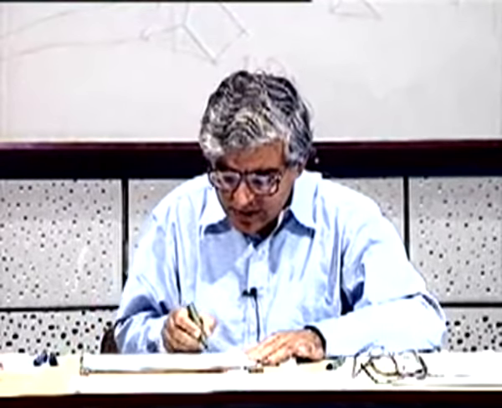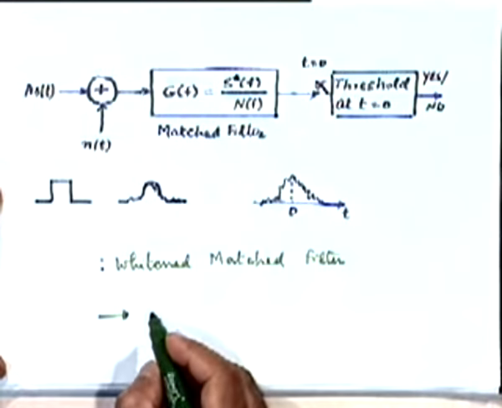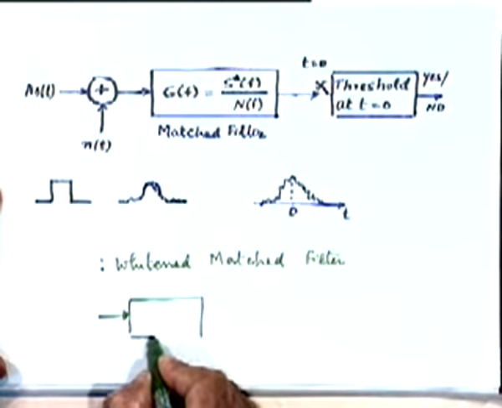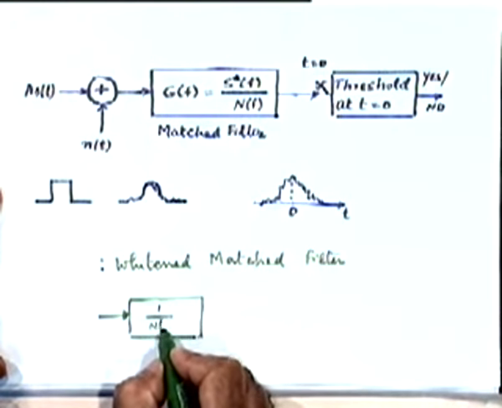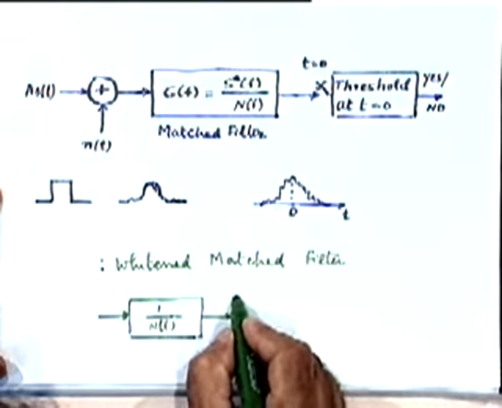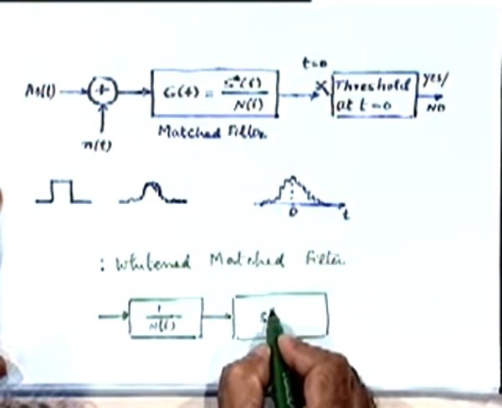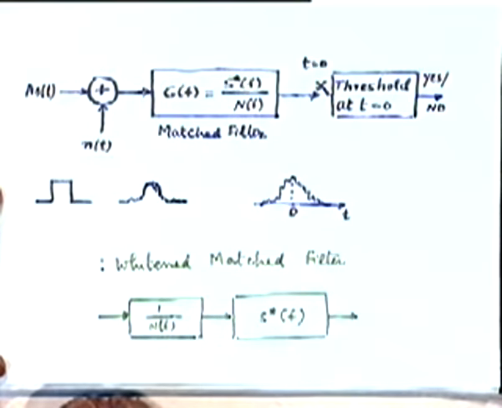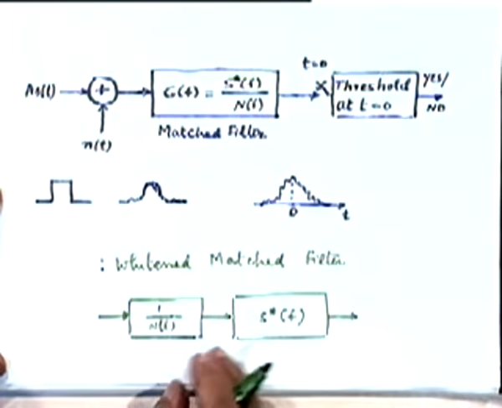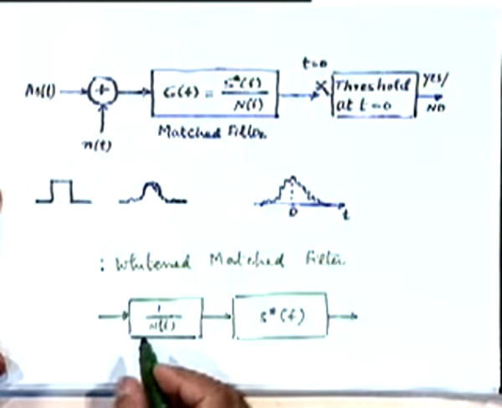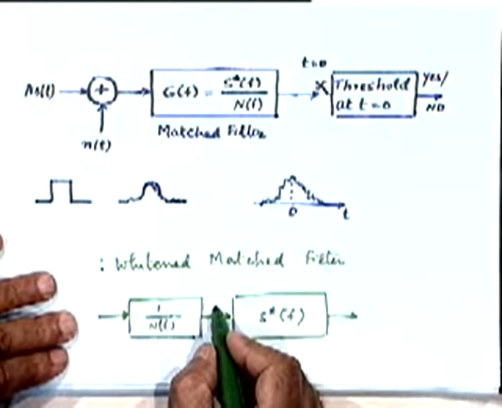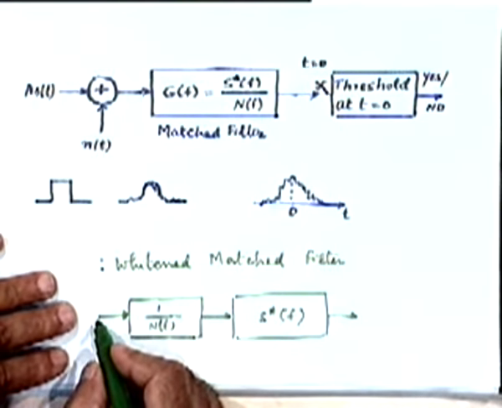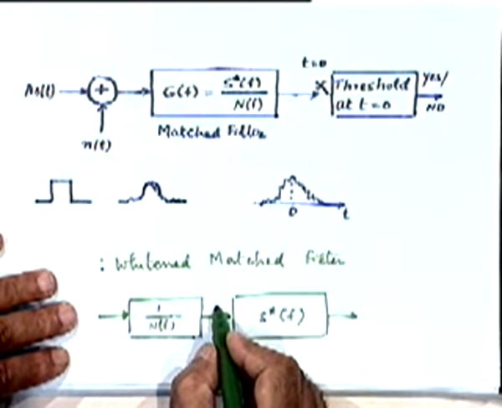The reason why it is called a Whitened matched filter is simply this: I can think of this operation as a cascade of two filters, one is this and the other is this, as if I had two transfer functions in cascade. If the input contains only noise, what will be the power spectrum of noise here?